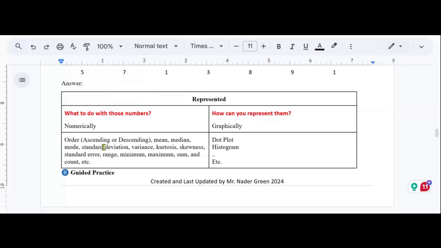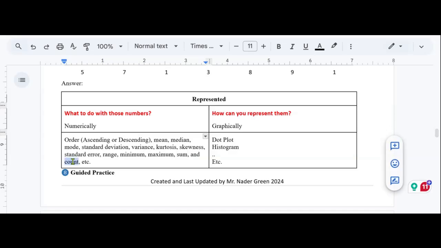So what to do with those numbers? Those numbers are numericals, huh? Yeah. So we're going to put them in order, ascending order or descending order. After you put them in order, you find the mean, median, mode, standard deviation, variance, skewness, standard error, range, minimum, maximum, sum, and count.